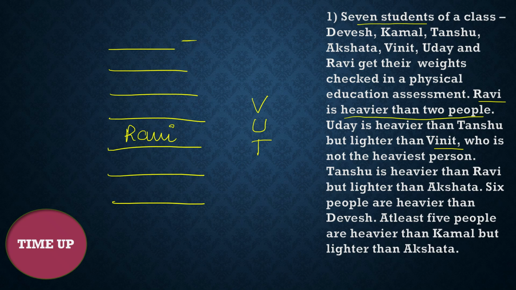Next, Tanshu is heavier than Ravi, but lighter than Akshata. Here is Ravi, correct? Tanshu is heavier than Ravi means Tanshu will be placed here. So if Tanshu is here, Uday will be here and Vinith will be here.